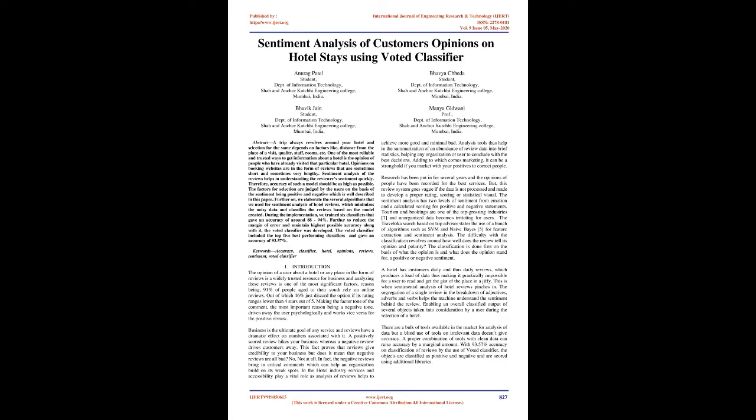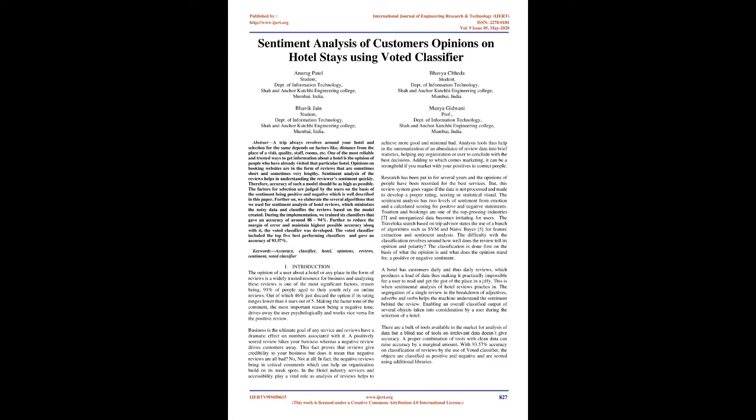Further on, we elaborate the several algorithms that we used for sentiment analysis of hotel reviews, which minimizes the noisy data and classifies the reviews based on the model created. During the implementation, we trained 6 classifiers that gave an accuracy of around 88 to 94%.